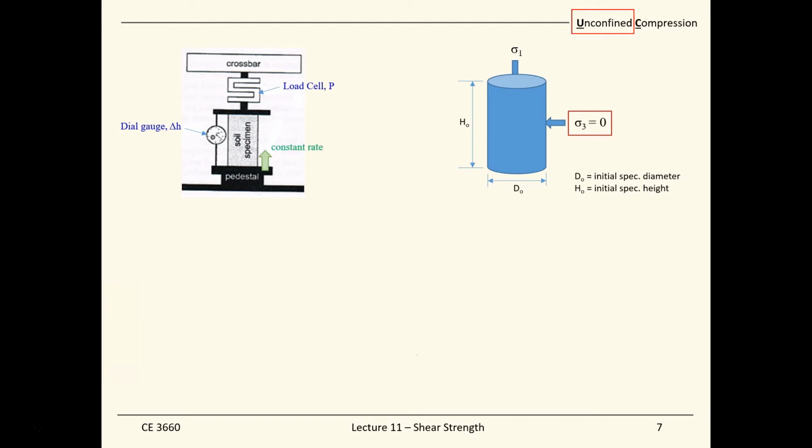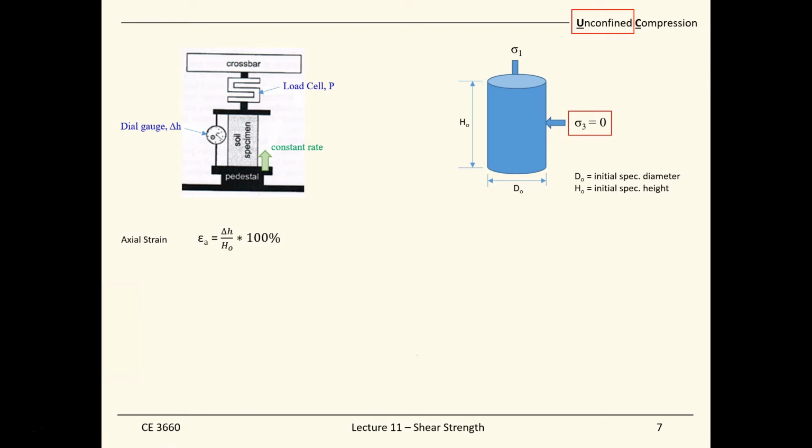When the soil sample is put on the platform right here, the bottom part will rise at a constant rate, pushing the soil sample against the load cell. The load cell can pick up the soil resistance because of the constant rate of displacement applied at the bottom. Meanwhile, you also have a dial gauge to monitor the displacement throughout the testing.